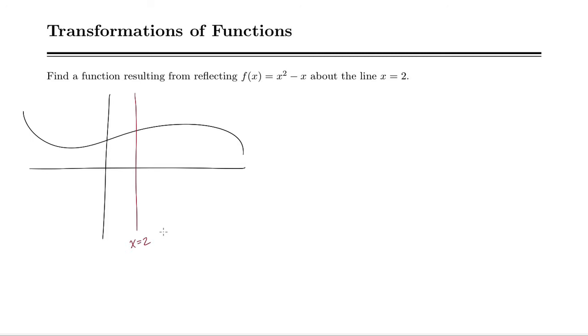And what that's going to do is position this line that we want to reflect about over the y-axis. So we begin by shifting to the left 2. Now in general, that is f of x plus 2.